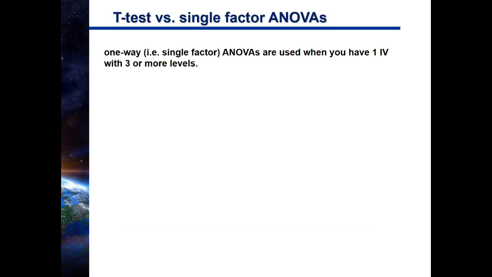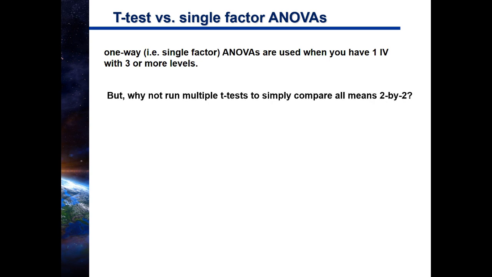All right. So let's compare and contrast the t-tests with single factor ANOVAs. We've already said that one way, which means single factor, independent variable and factor mean the same thing. So one-way single factor ANOVAs are used when you have one independent variable with 3 or more levels.